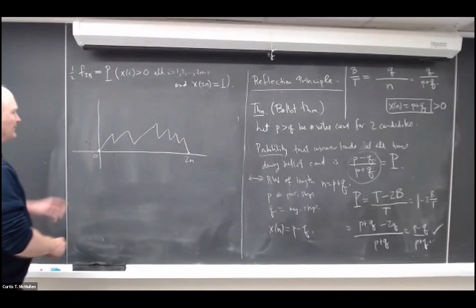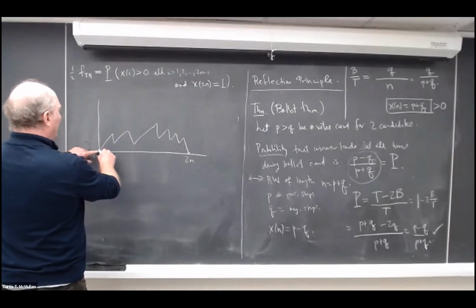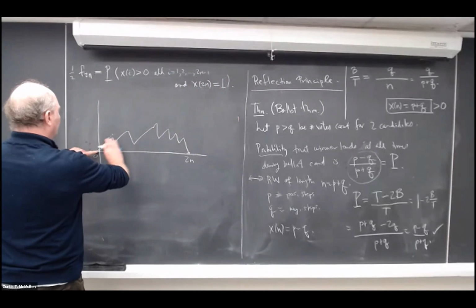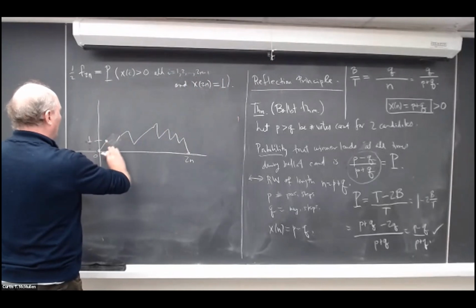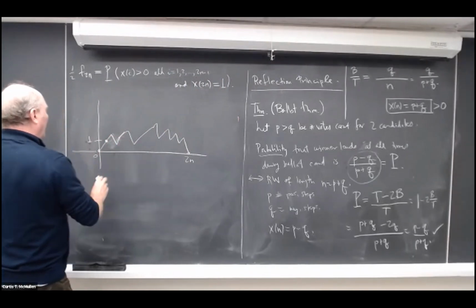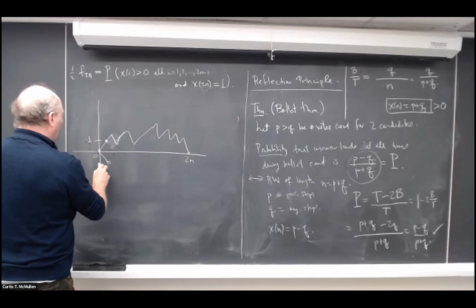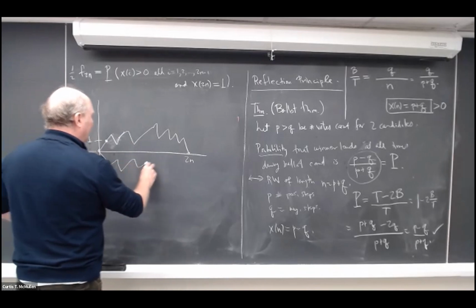So those paths are of two types. They're the ones that first pass through the point 1 at time 1 and remain positive thereafter. And they're the ones that pass through -1 at time 1 and then remain negative thereafter.